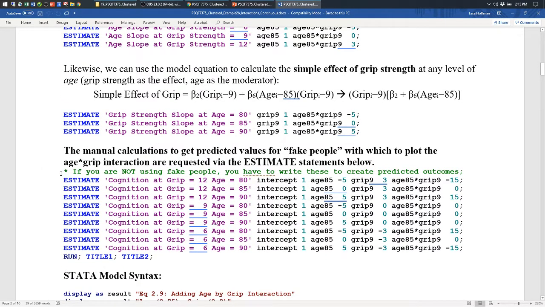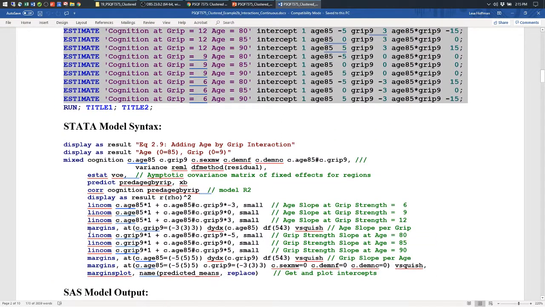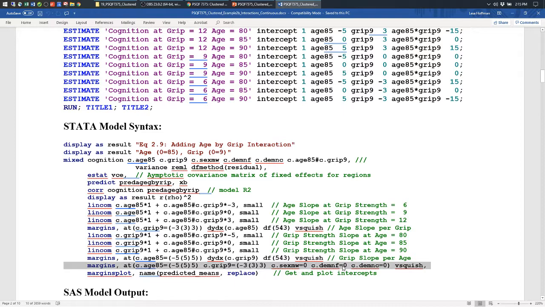This down here is how I ask for predicted values for every combination of age and grip, plus or minus and medium. That's why I do fake people, so I don't have to write all of this out. That is done by margins right here.